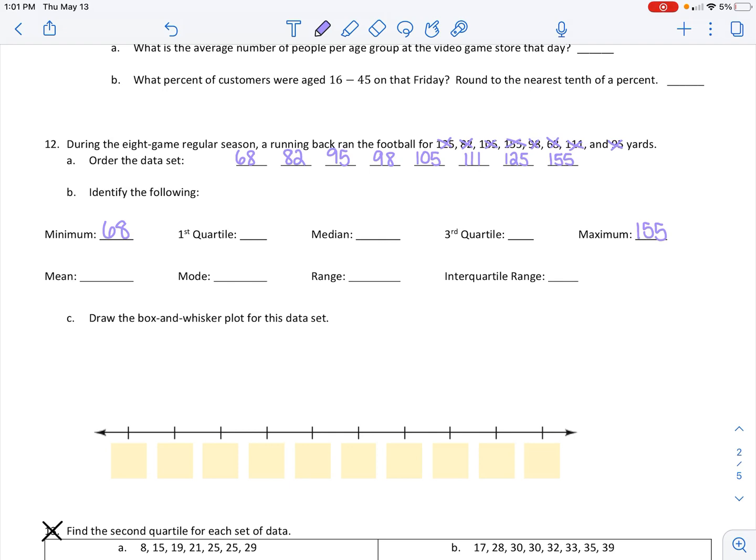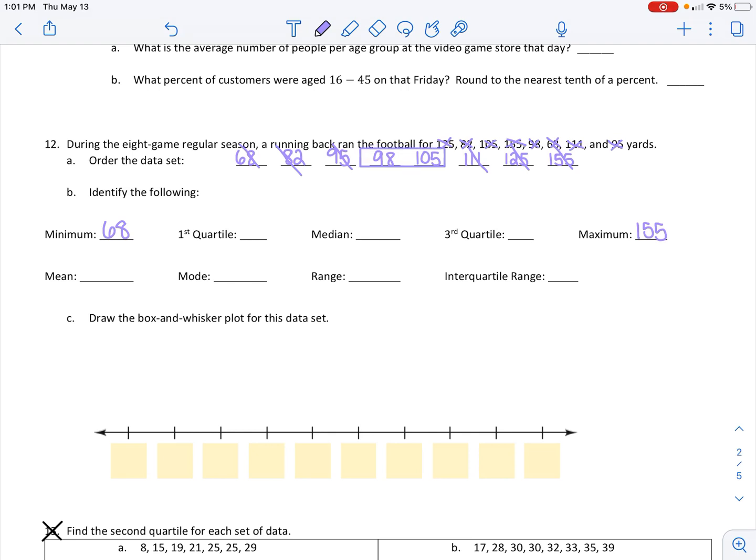Okay. So we need to find the median, quartile 1, third quartile, all of these things that we have not found yet. So I'm going to go ahead and start by finding the median because I want to find that middle number. So if I start crossing off on each side of my data, I end up with two numbers in the middle.